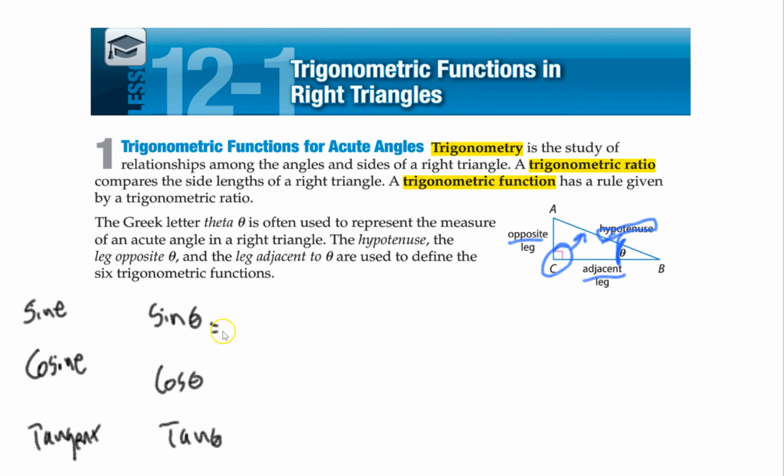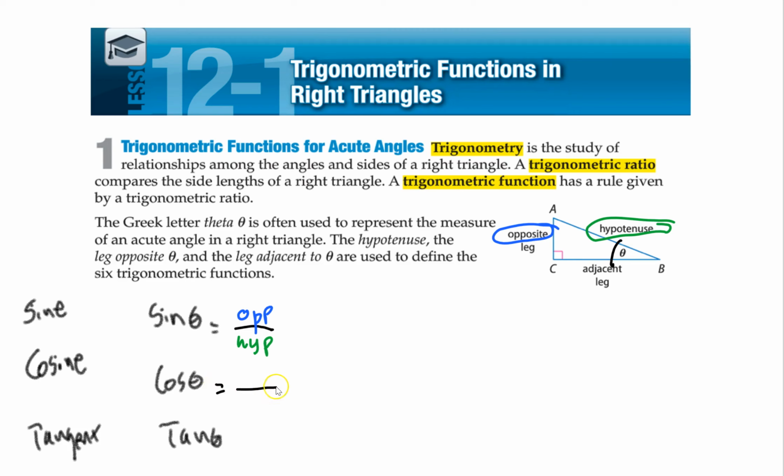Now sine, let me erase this and rewrite it real quick. Sine is known as the opposite over the hypotenuse. So here's my angle. Sine is going to be the opposite side, right here, over the hypotenuse side, right here. Cosine is the next one.